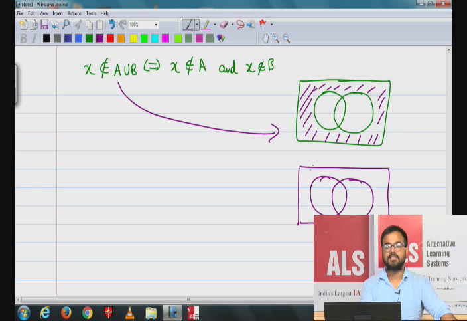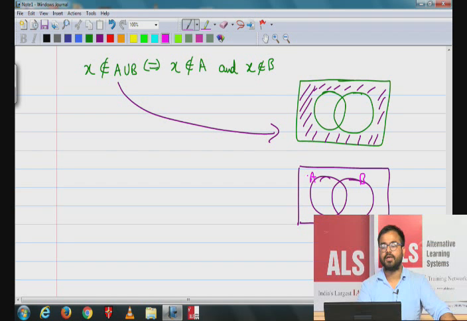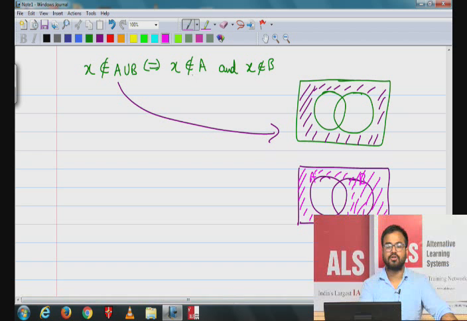So, X does not belong to A. So, now here is X does not belong to A, this is A and this is B. If X does not belong to A, it means the region is this one, all the region in which we can say X does not belong to A. And similarly, X does not belong to B also, and X not belonging to B, it means we can say this region.